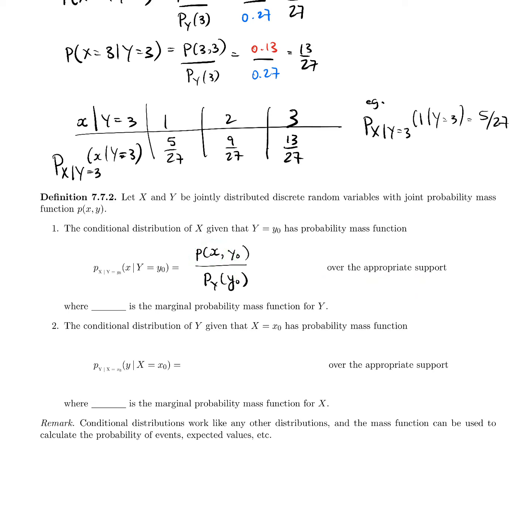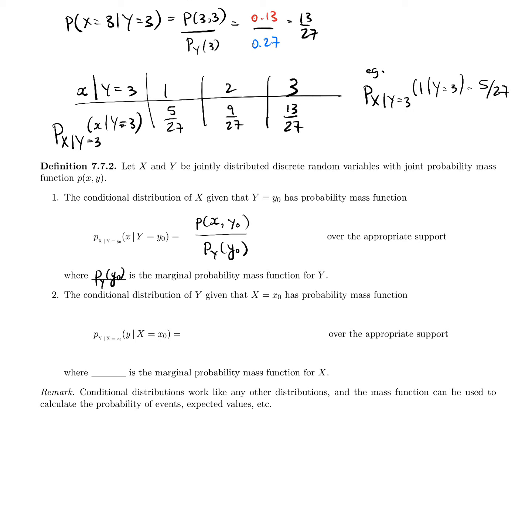So in the last example, we had the same support for x, y, and z, for x, 1, 2, and 3. But if you're restricting your values of y, your support for x may change. And so this has to be given over the appropriate support. And so what's missing here is the denominator is the marginal function with respect to y.